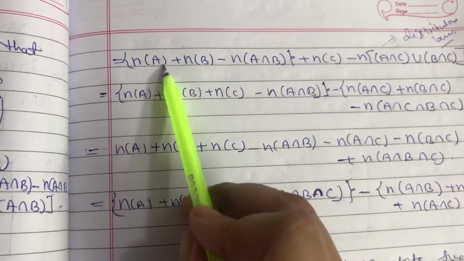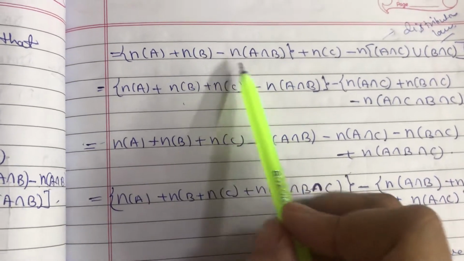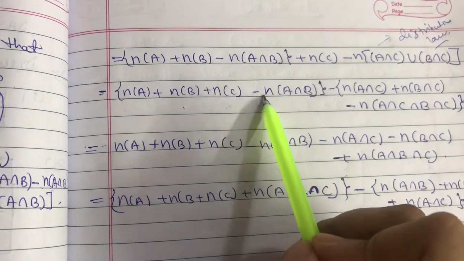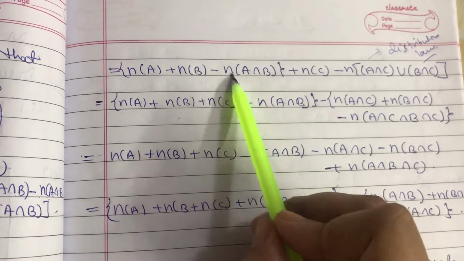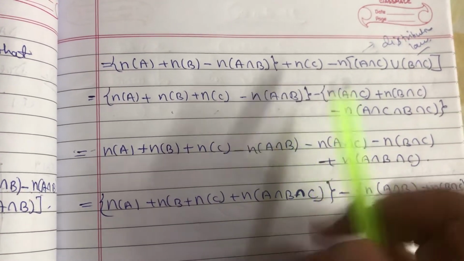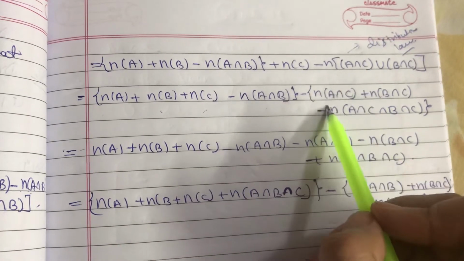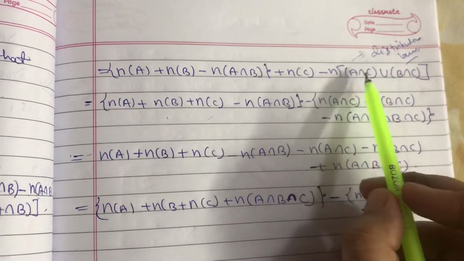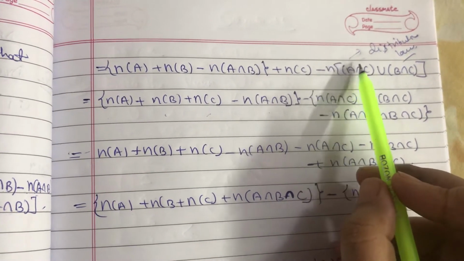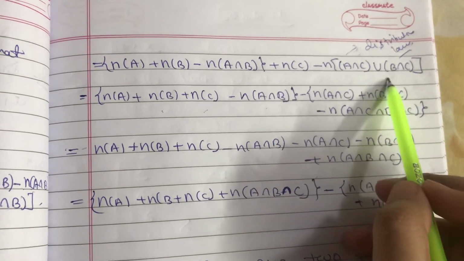Now when I solve this I'll get n of A plus n of B plus n of C minus n of A intersection B, then minus this thing. Again, suppose this is my term 1 and this is my term 2.